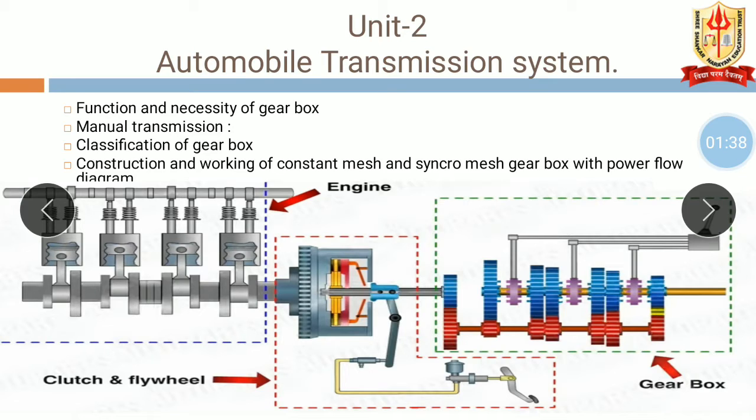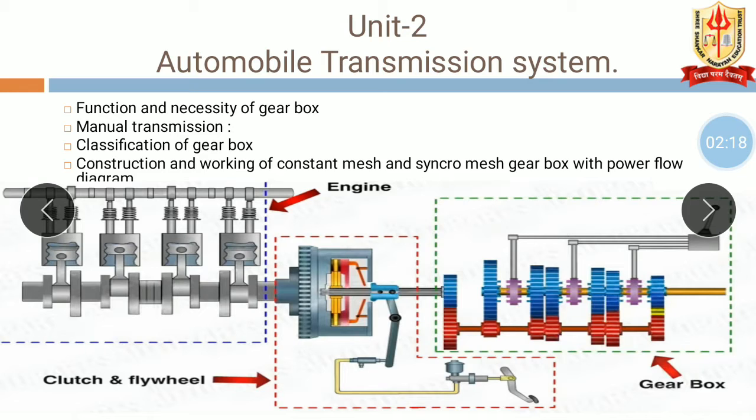Why is this gearbox required? The gearbox is a component through which we decide whether we want more speed or more power. When the vehicle starts from a steady position, at that instant we require more torque to move the vehicle. But when it is continuously rotating, we require more speed rather than more power.